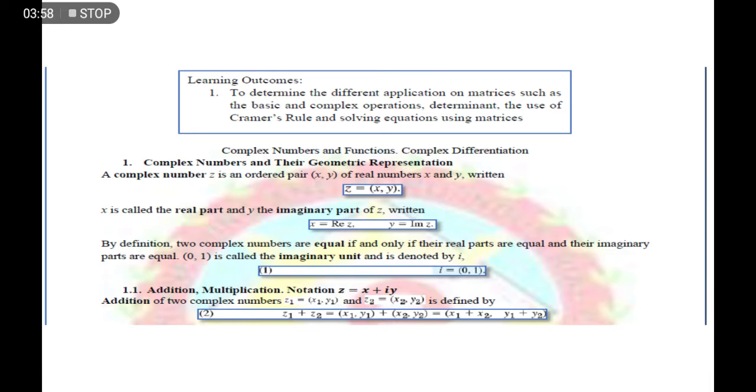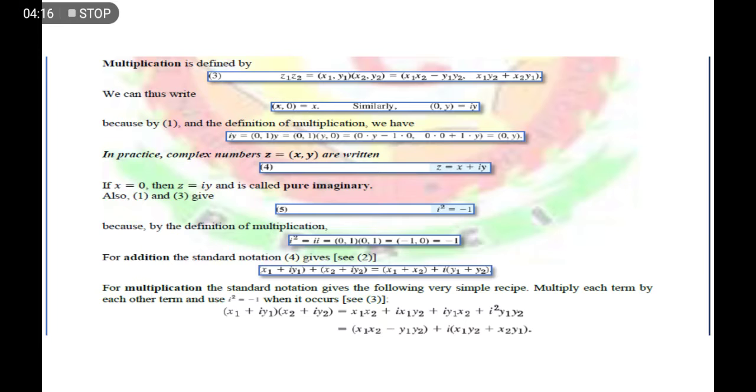For example, the x1, or the real number of the first complex number, should be added with the real number of the second complex number. Same with our imaginary numbers.